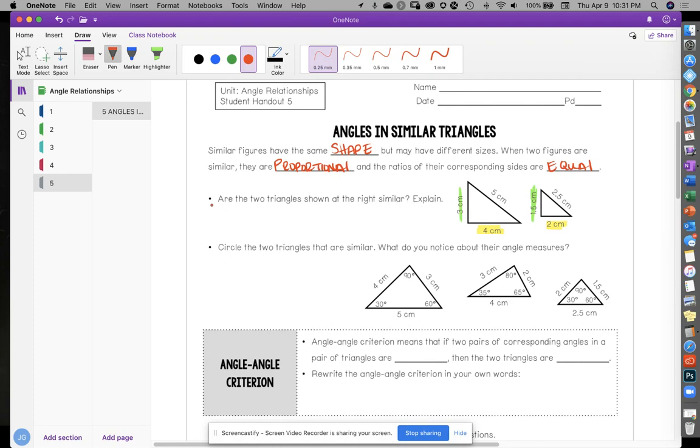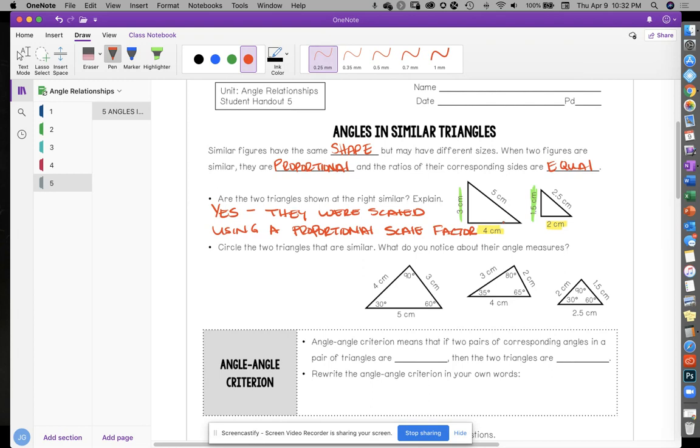So we're going to say yes, they were scaled using a proportional scale factor. There's a better way of wording all this, but I didn't want to get too lengthy.